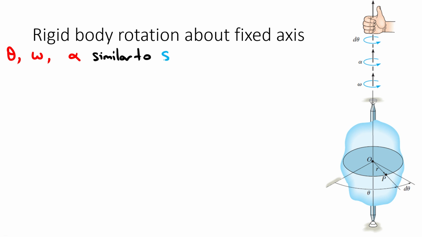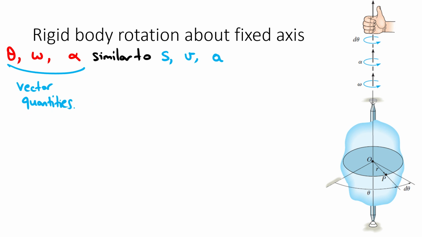We have S, we have the velocity, and then we have the acceleration. This one is for a particle, and this one is for a rigid body. And for all of these, the theta, the omega, and then alpha, these are all vector quantities. So you have to be very careful here.